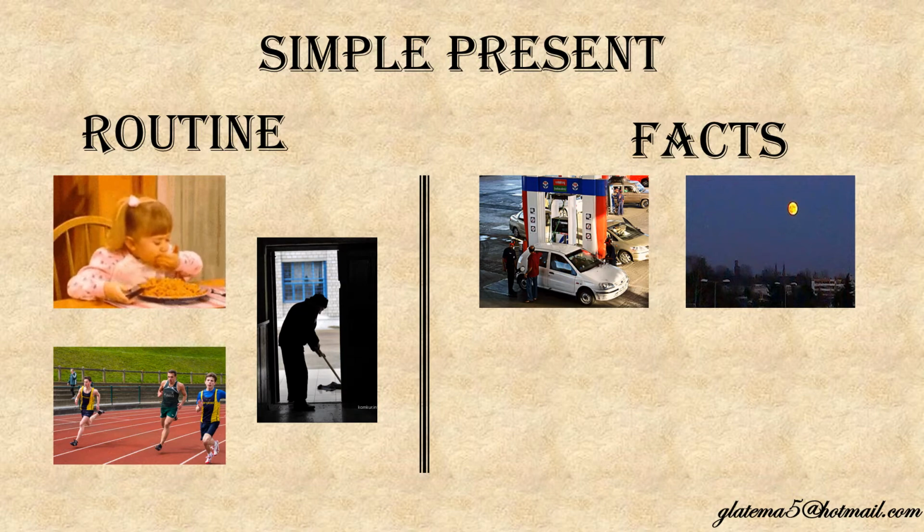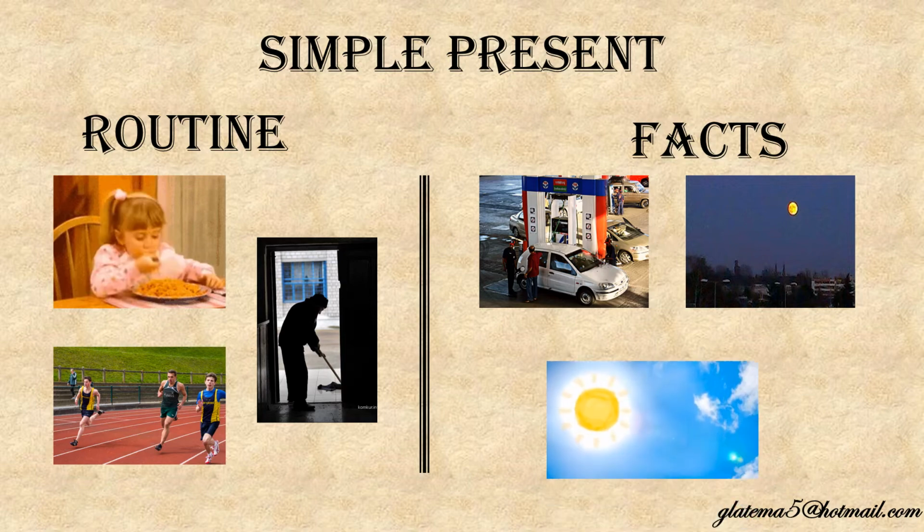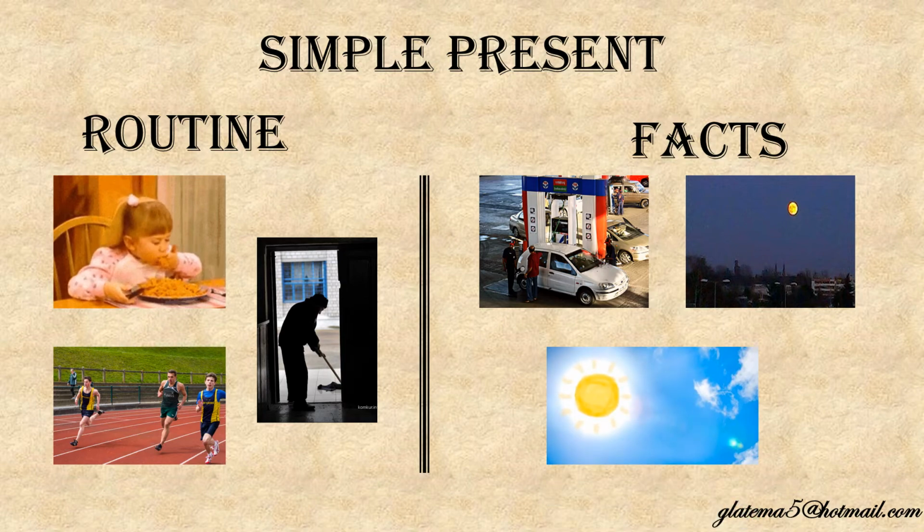And you know that the moon is a satellite of the Earth. And that is true, too. And finally, we have a picture of the sun. And the sun is considered a star. And we can see it in the sky. And that is true.